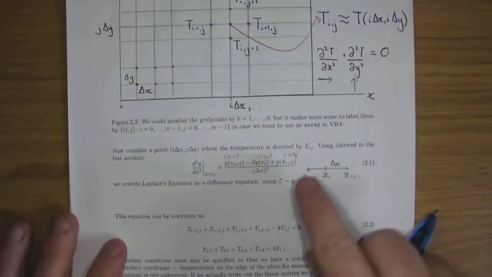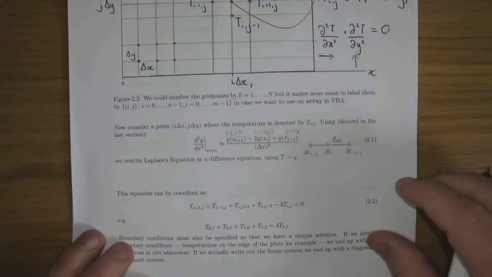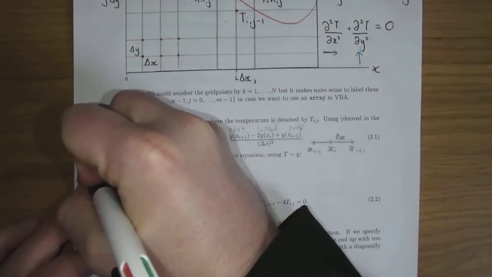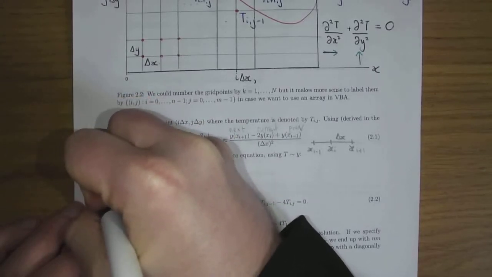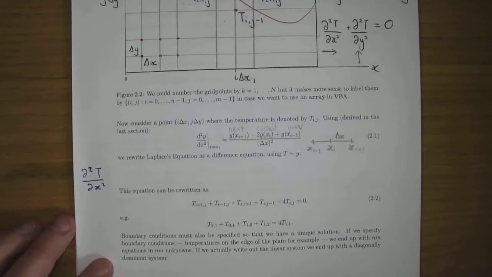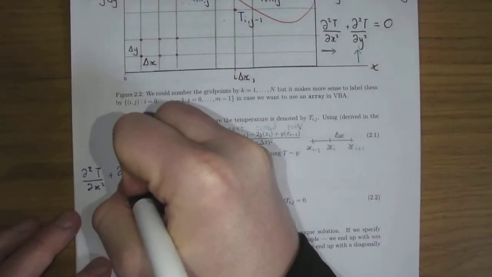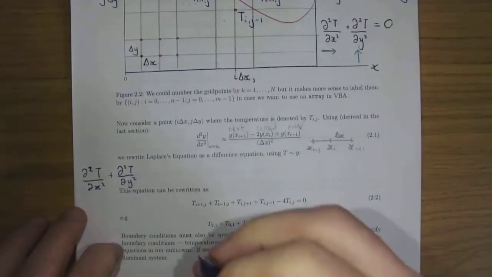So we're going to do the second derivative of temperature with respect to distance plus the second derivative of temperature with respect to vertical distance, this is horizontal distance.